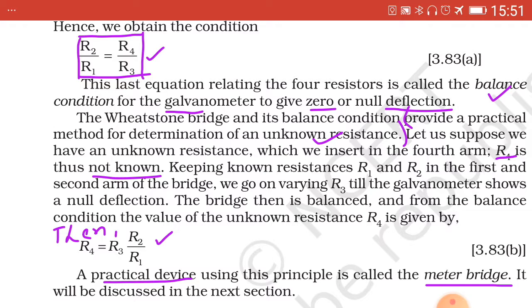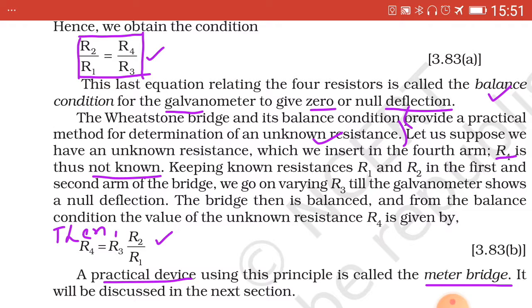Out of 4 resistors, suppose R4 is not known, then we have the equation R4 equal to R3 into R2 upon R1, that is equation 3.83b, which has been tick marked.